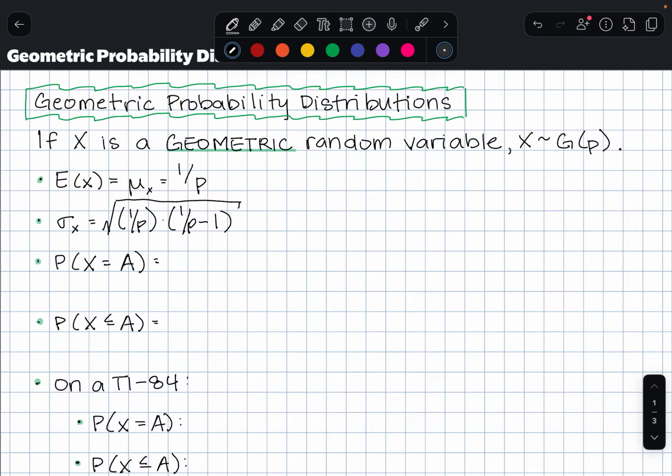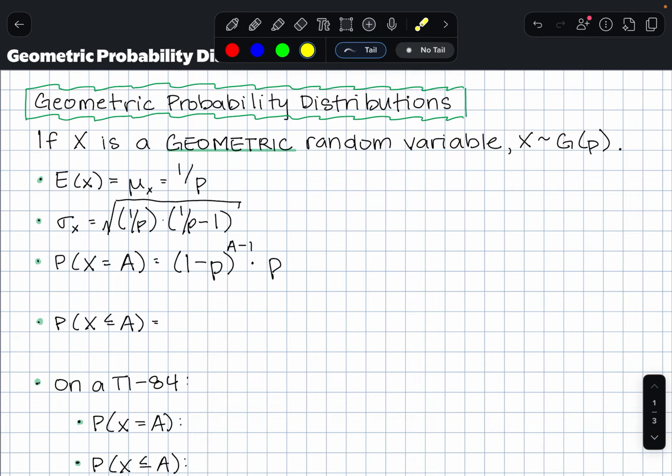For probabilities, it's a little bit more direct. I know that I am going to need a certain number of trials to get my first success, and that all of the trials before that were failures. So if my first success occurs on the A trial, I must have had failures, with a probability of 1 minus p, for A minus 1 of those trials, and then a success on the last one.